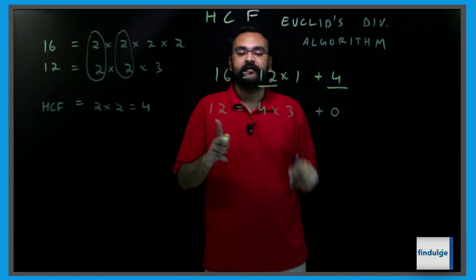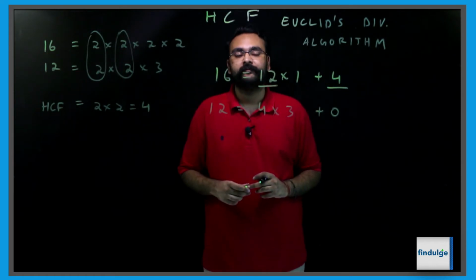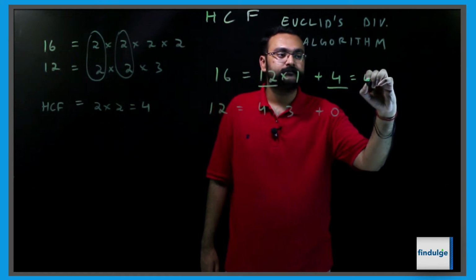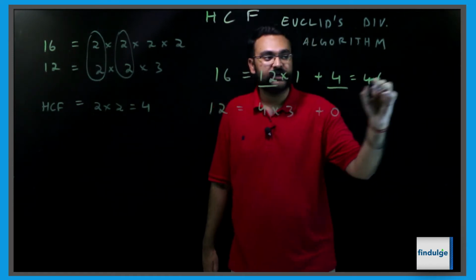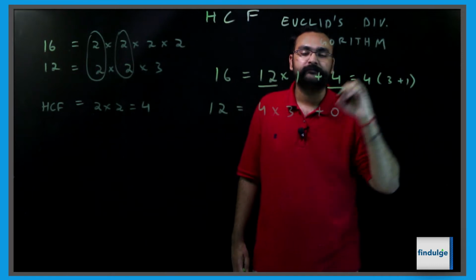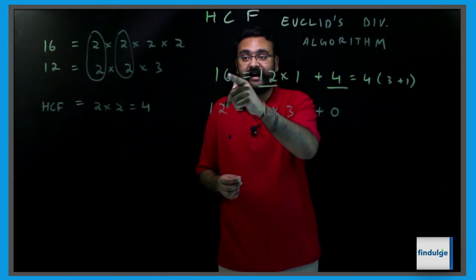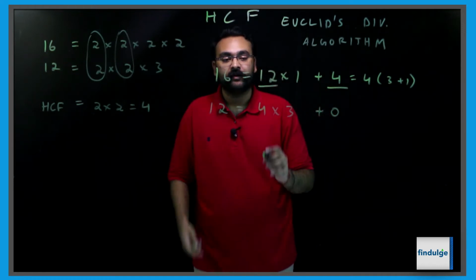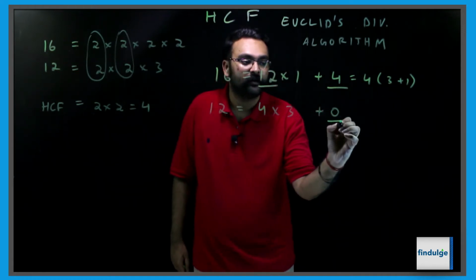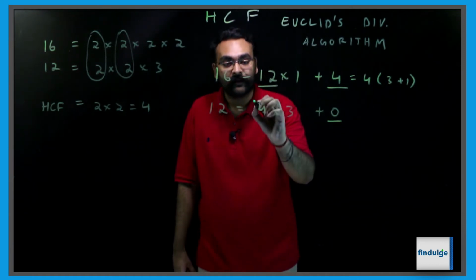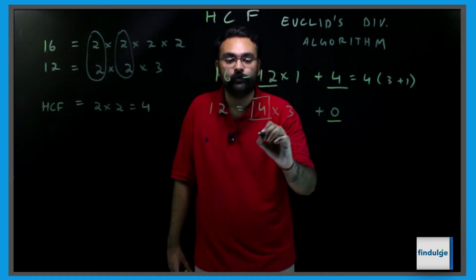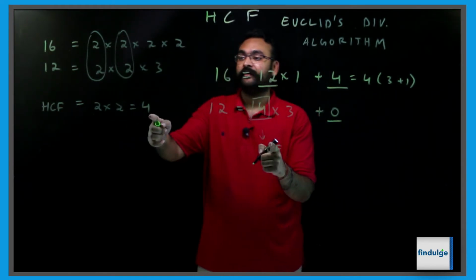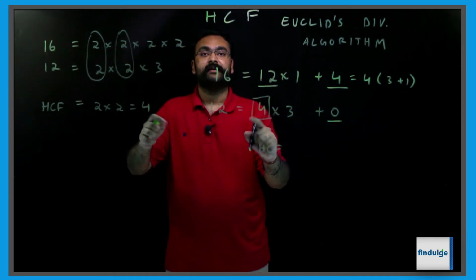So what does this mean? 4 is dividing 12, and if we look over here, I can take 4 common here. It will become 3 plus 1, which means 4 is dividing 16. So therefore, following this algorithm, once you reach this position where your remainder is 0, that b value is your HCF. We can see HCF in both cases is 4.